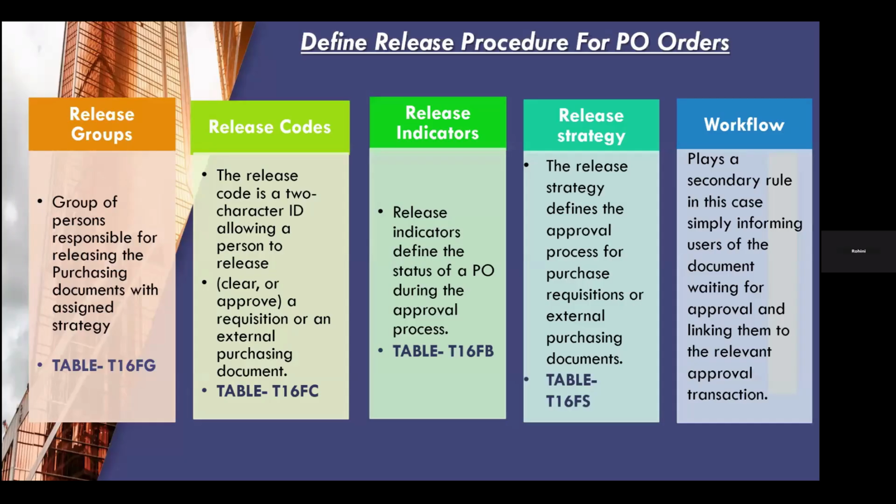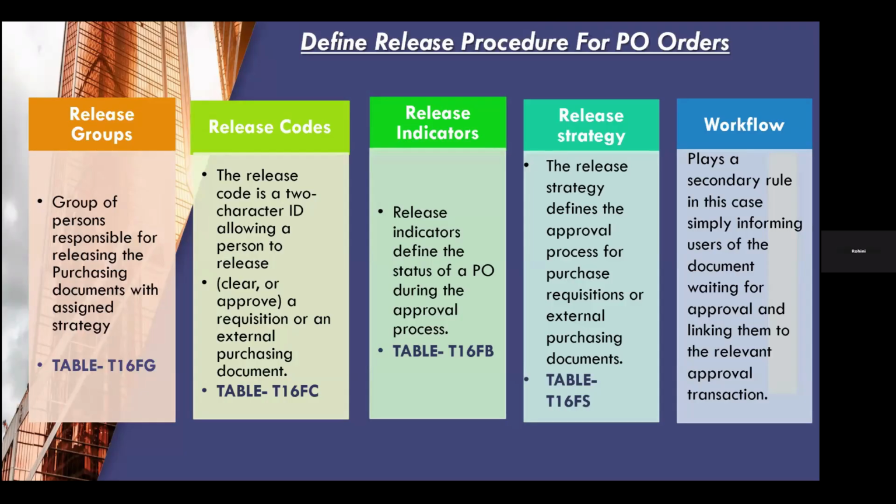The next one is defining the release procedure for PO orders. The first one is release group, the group of persons responsible for releasing the purchasing documents with an assigned strategy. For example, when we create the PO, a particular team will be responsible to release the document.